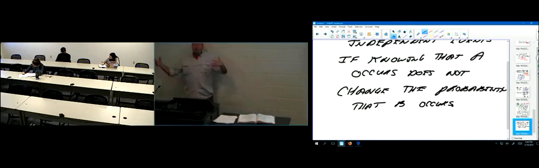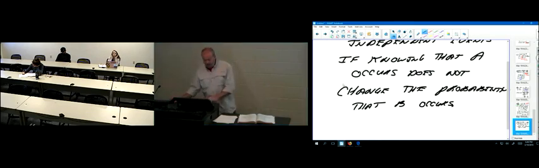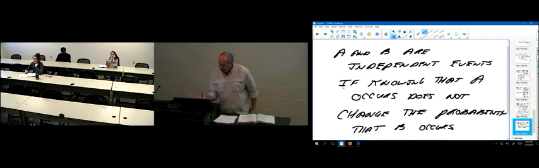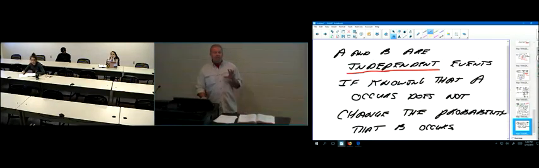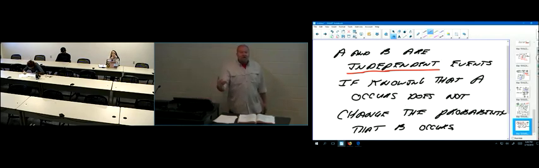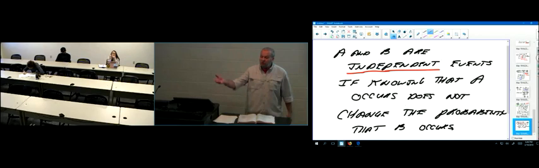So in other words, you got two different events here, and the term here is independent. Disjoint means they have no outcomes in common, right? Independent means knowing that the event A occurs does not change the probability that B occurs.